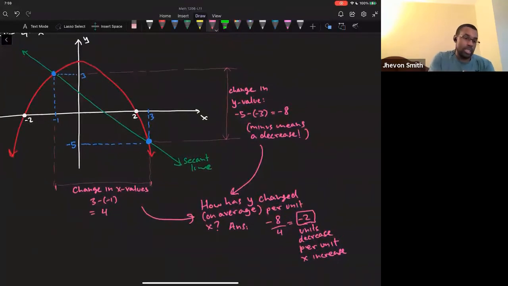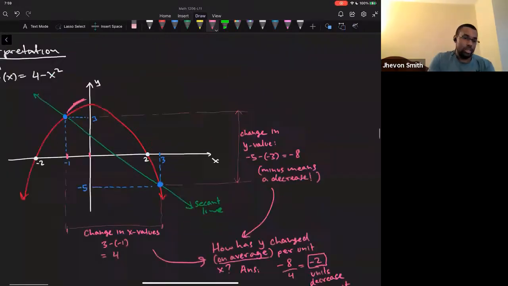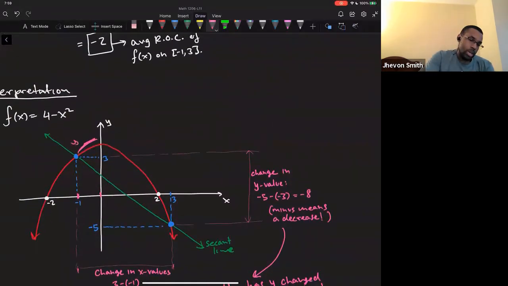So by the time x hits 0, on average, it's going to fall by 2. Now, notice that the on average is very important because it didn't actually do that. Notice that between -1 and 0, you actually had an increase in the y value, right? So notice y increased here.